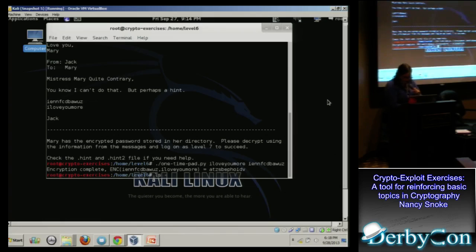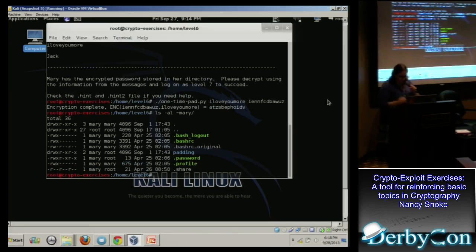Now we need to get the password itself. That was in Mary's home directory. All the characters mentioned here, or the users, are characters I've created to sort of make it more interesting. There are eight of them in all.